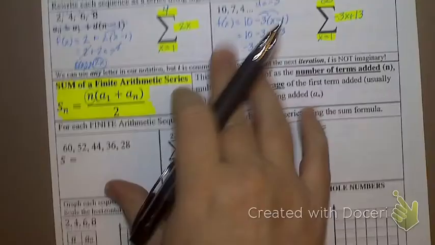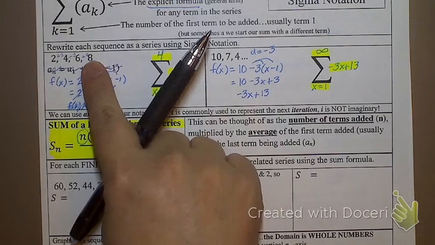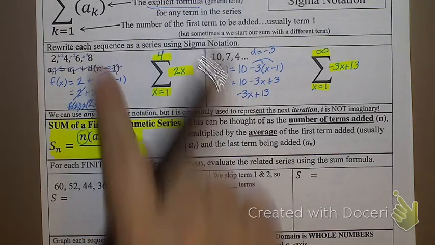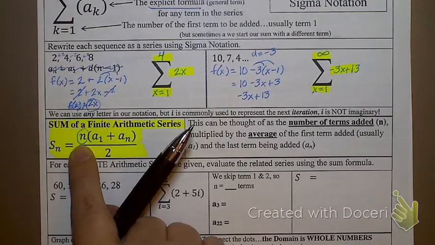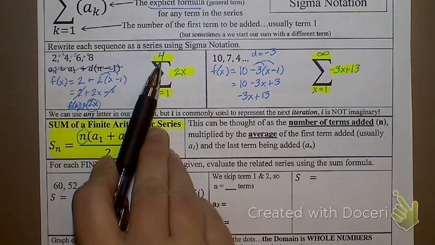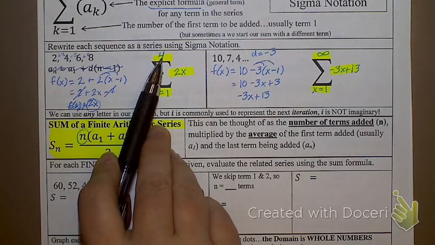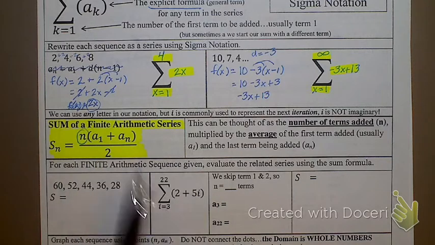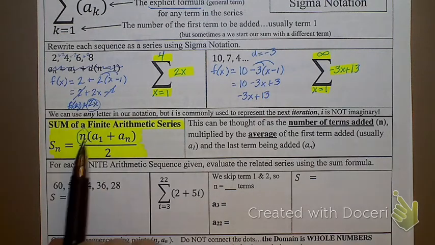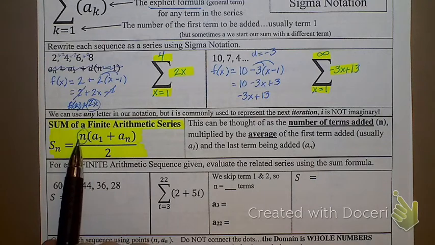So in this case right here, if I was adding all 4 terms, my n value would be 4. Oftentimes, your n value is whatever's at the top here. Often. There are some cases, and we'll get to one here, where it's not that number, but that's usually the number at the top because it's the number of terms you're adding together.